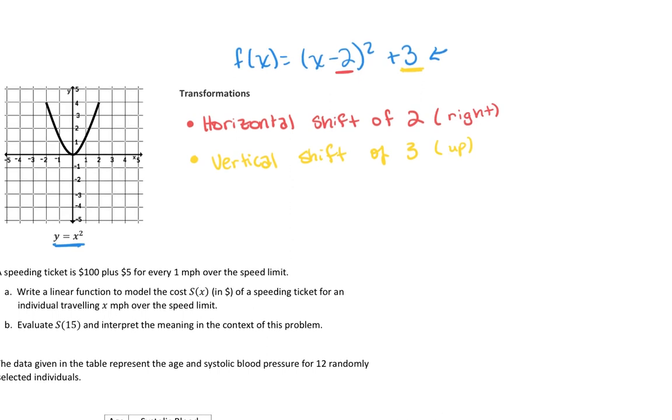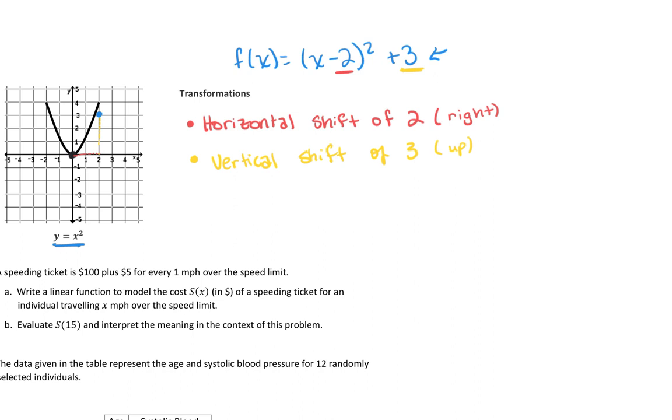I'm going to take this point on the graph, and I'm going to transform it essentially. Let me pick a different color. We'll do black. So this point right here, I'm going to shift it over 2 to the right, so somewhere here. And then I'm going to shift it up 3. So something like that. So our new graph will actually have a point here. So I'm going to go ahead and shift a few more points just so we can see.